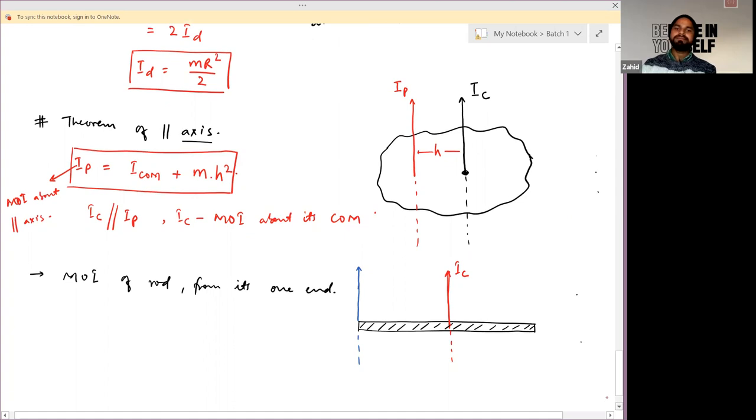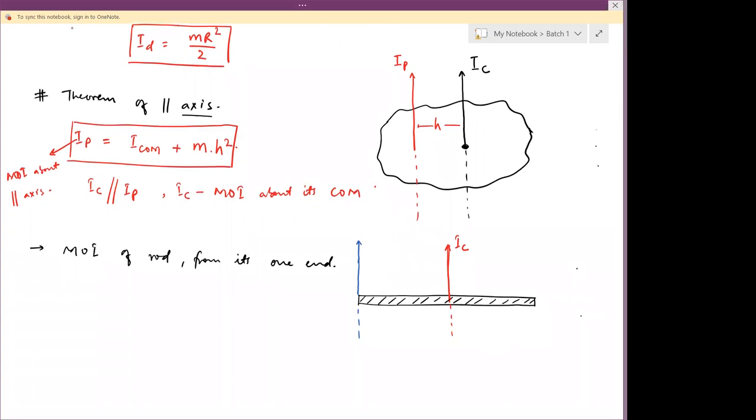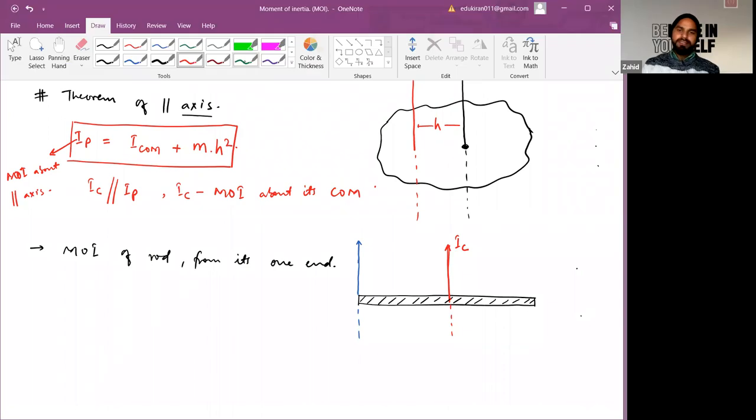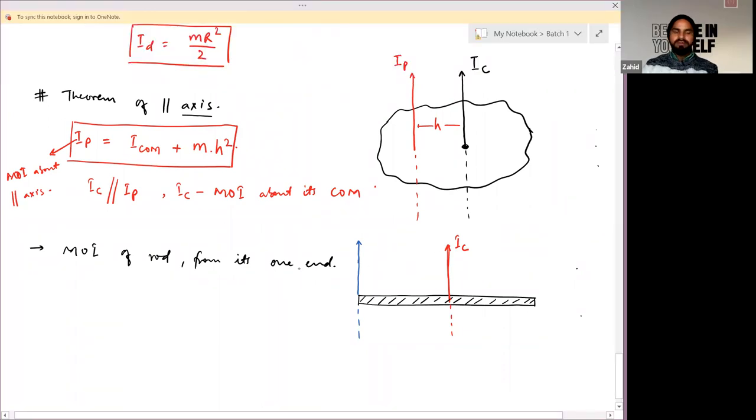Hamza? Yes, sir. We have calculated initially about center of mass. So moment of inertia about center of mass of rod is ML square by 12.